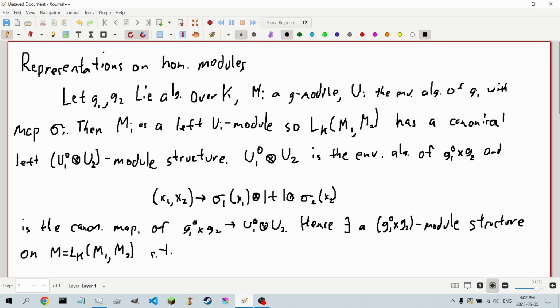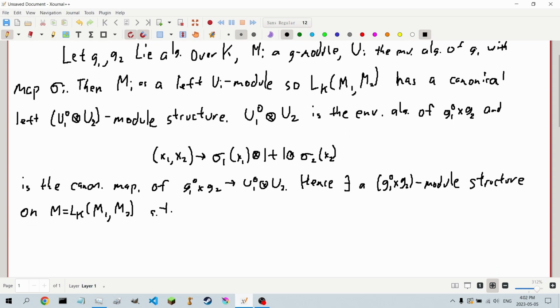And this is going to occur such that the bracket of x1 comma x2 inside of M acting on U gives us a new map, right?